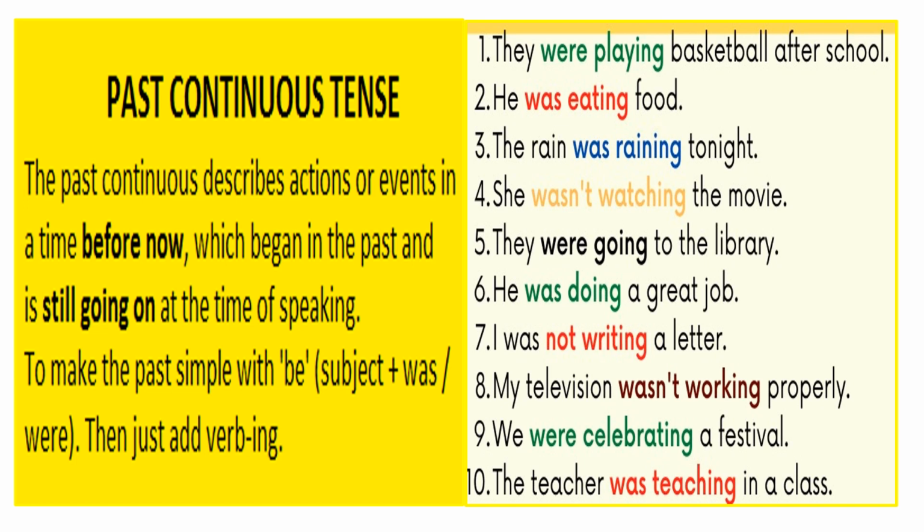The first one, they were playing basketball after school. He was eating food. The rain was raining tonight. She wasn't watching the movie. They were going to the library.